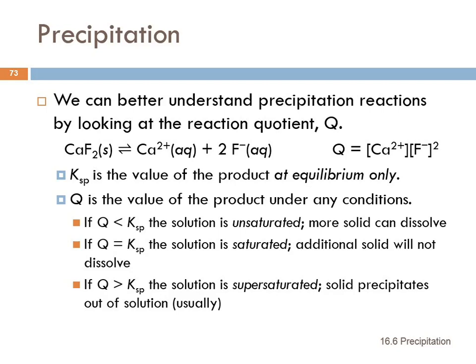Yes, question? KSP depends on temperature, right? Yes, KSP is a single value at a particular temperature. We're assuming that we're not changing the temperature. But KSP does change with temperature. Most things get more soluble when you heat them up. There are a few that get less soluble when you heat them up, but we haven't learned how to put temperature into the equation.